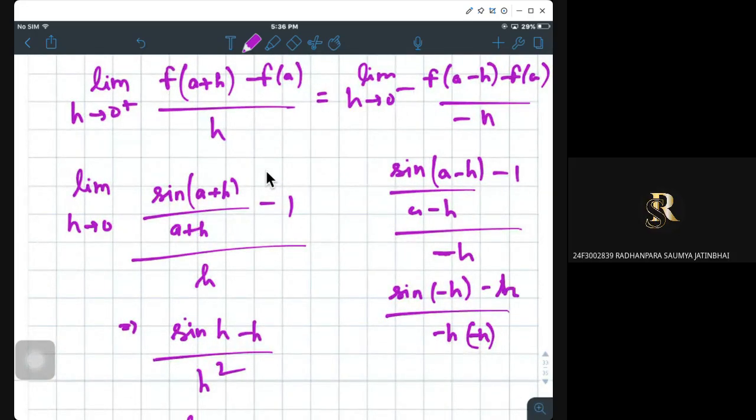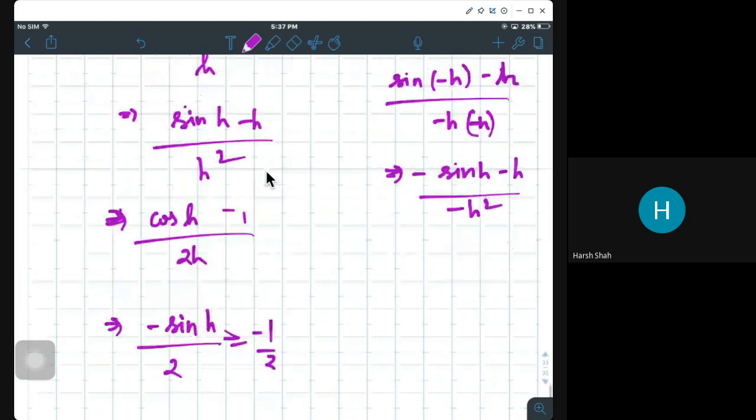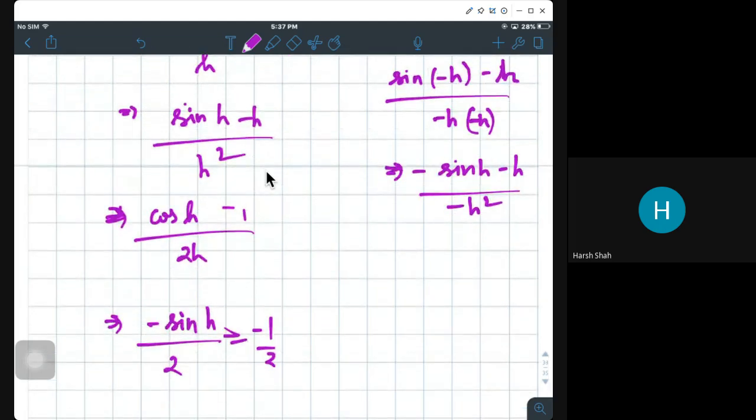This is sine of minus h. Now I have minus sin h by minus h square. Same thing I'll do. This is minus cos minus 1 upon minus 2h.